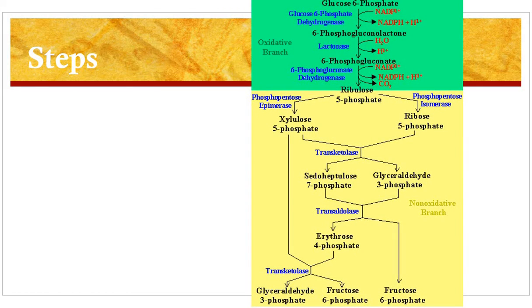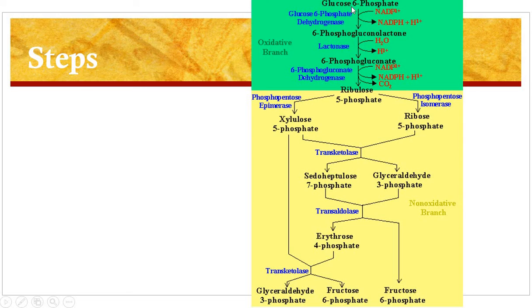Now coming to the steps. As we have already discussed, the steps are divided into oxidative and non-oxidative parts. Two colors of the pathway are shown here, representing the oxidative and the non-oxidative phase. Now coming to step number 1.